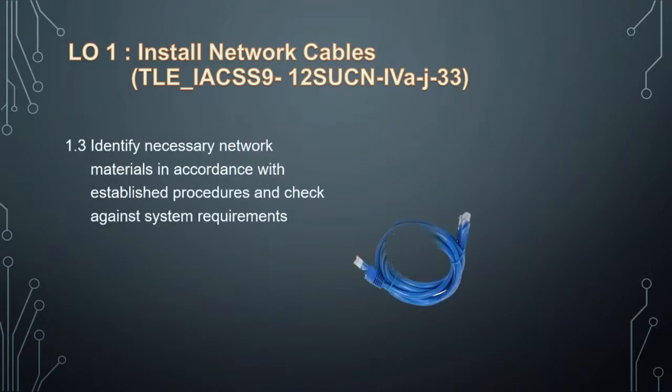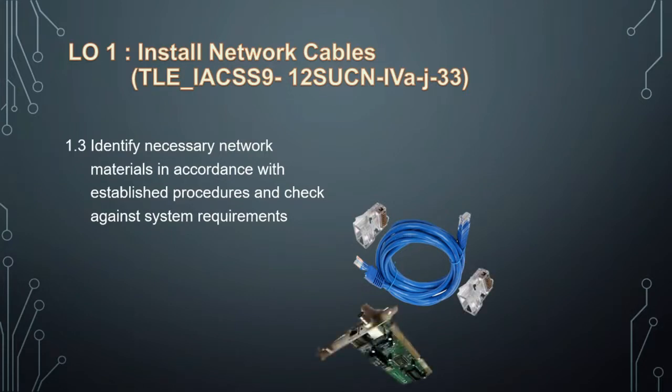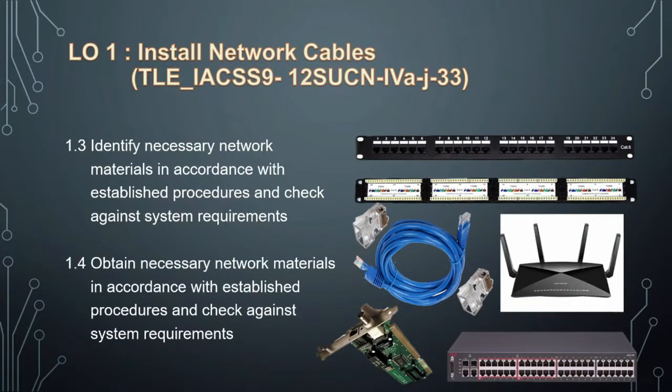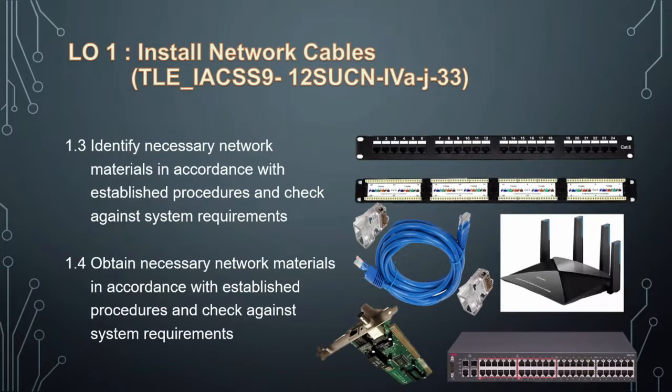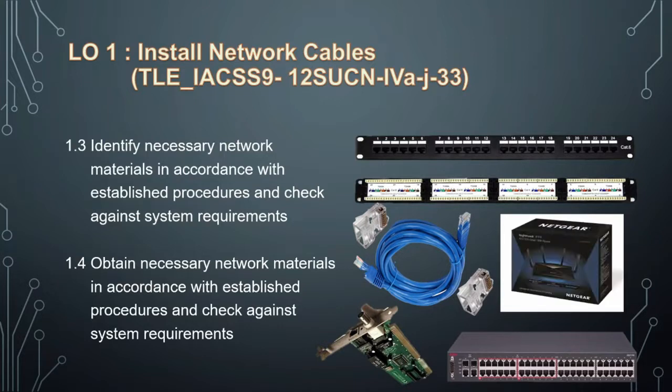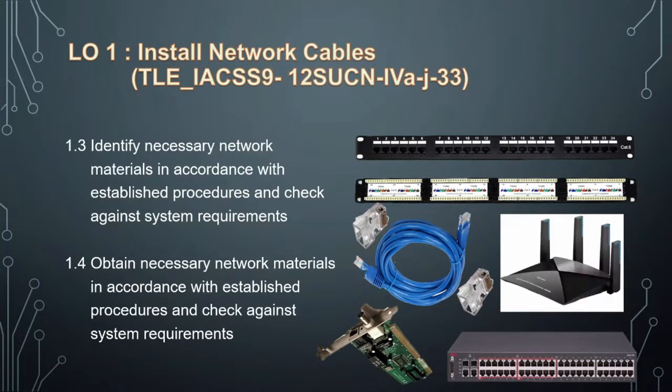Third, identify necessary network materials in accordance with established procedures and check against system requirements. Fourth, obtain necessary network materials in accordance with established procedures and check against system requirements.